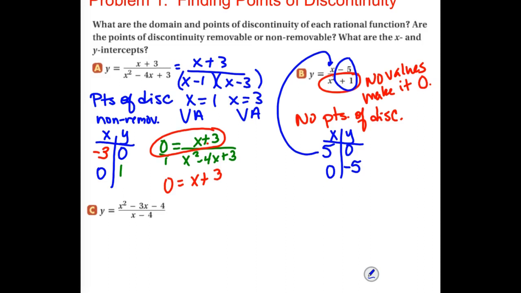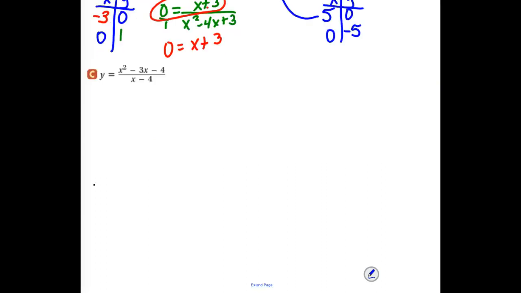Okay? The third one. Denominator doesn't need to be factored, but the numerator does. What does this turn into? X minus 4 and x plus 1. Okay? Points of discontinuity.